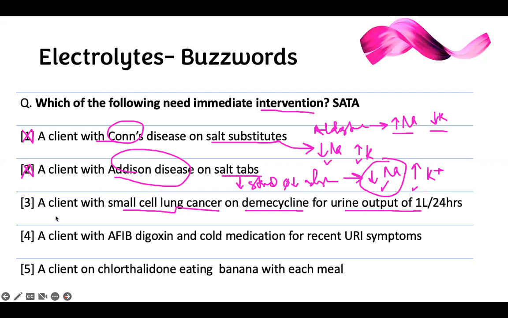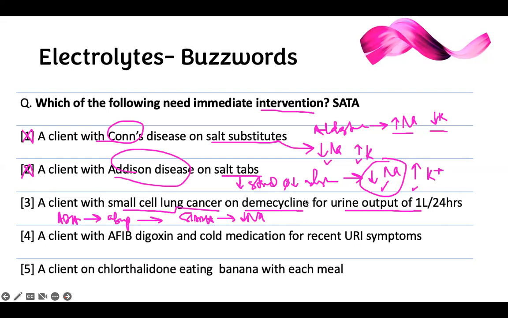A client with small cell lung cancer on demeclocycline for urine output. We talked about it: small cell lung cancer makes ADH, right? ADH absorbs water and it puts you into SIADH. The sodium is going to be what? Low. So you need to correct the sodium. But they tell you this patient is on demeclocycline.